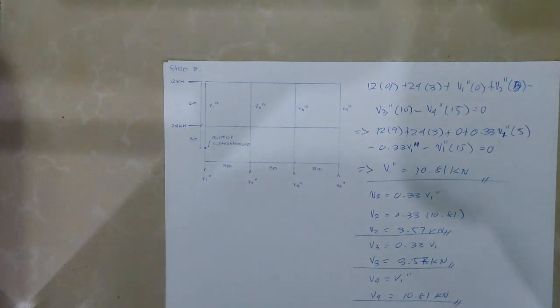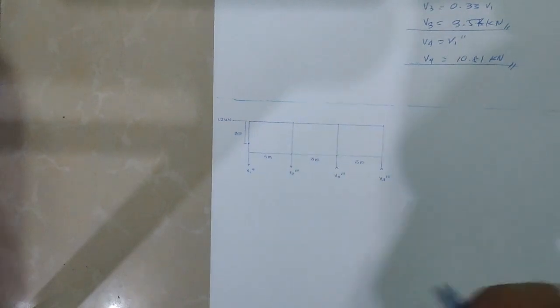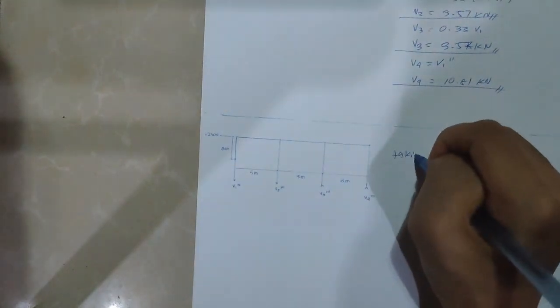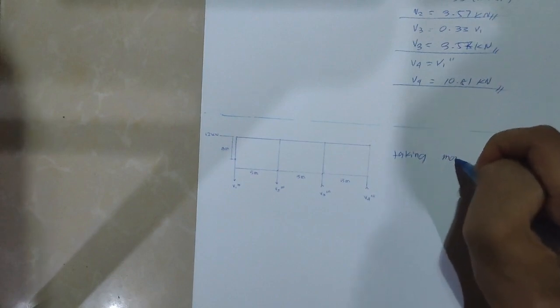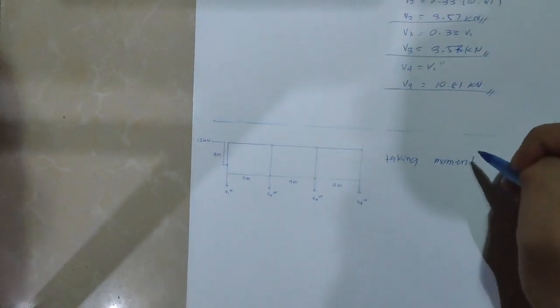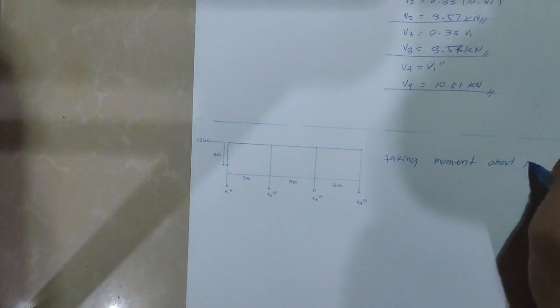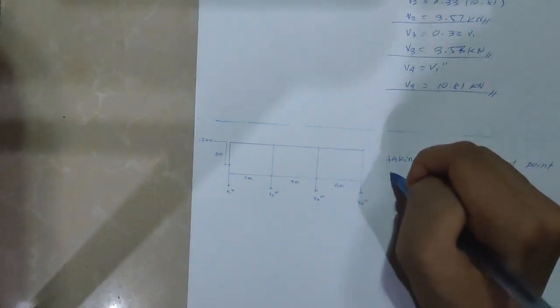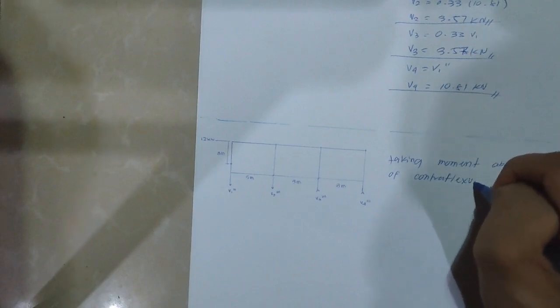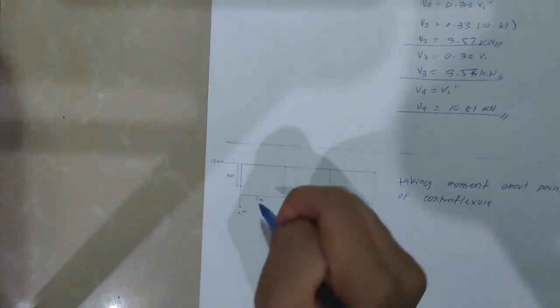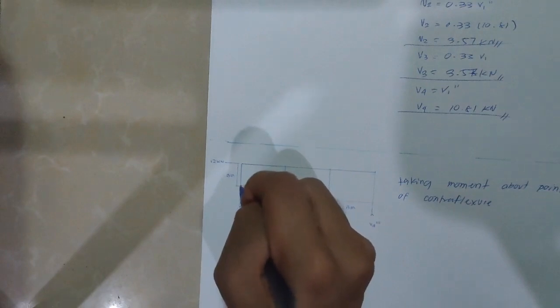And then that leads us to the next step, which is step 4, actual force in the third story. Same process, taking the moment about the point of contraflexure. There is a contraflexure here.